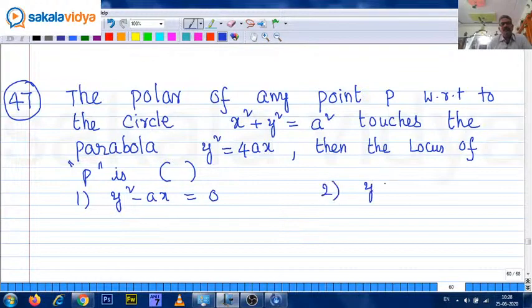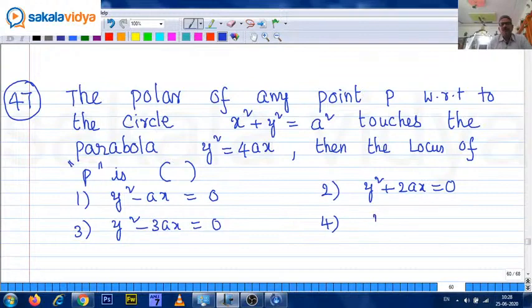Second option, y square plus 2x equals 0. Third one, y square minus 3ax equals 0. Fourth option, y square plus ax equals 0. This is the question.